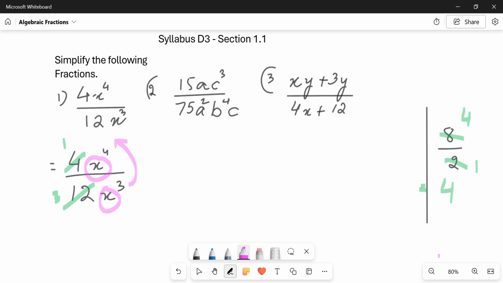So I'm going to bring this 3 from the denominator to the numerator. Because 3 is positive here, when it shifts its place from denominator to numerator, its sign turns from positive into negative.